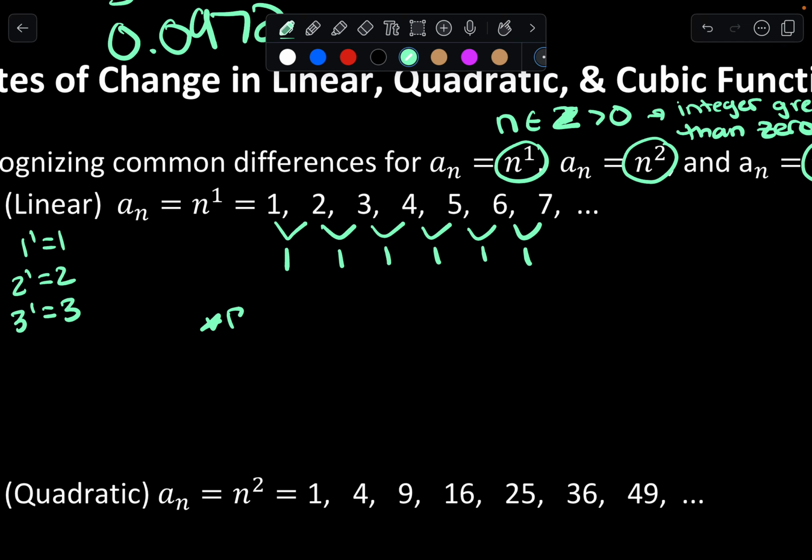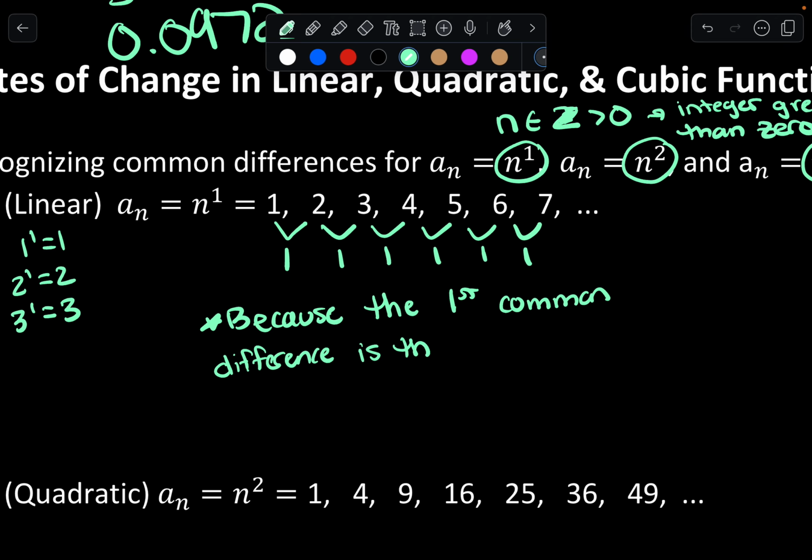So because the first common difference is the same, and that's redundant because it's already a common difference, which means it has to be the same, but just so you guys can see what we're looking at, the common difference is the same, the slope is constant.